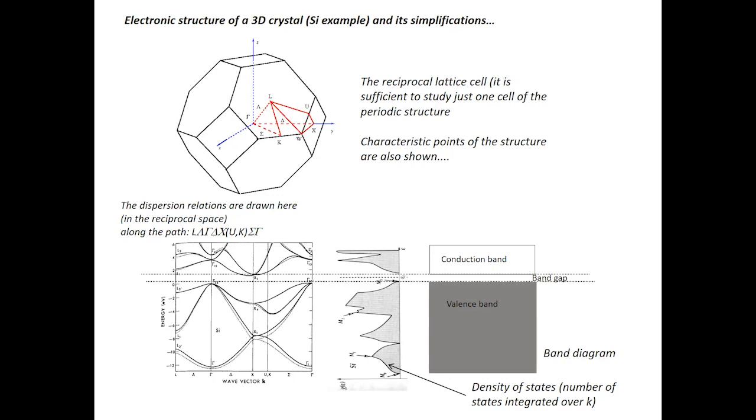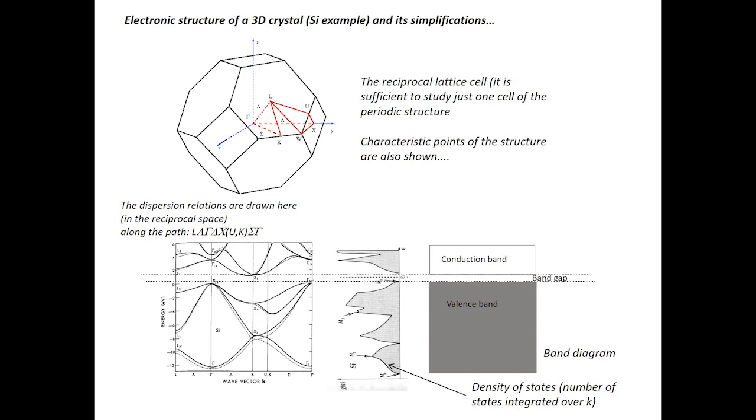So then you have a reciprocal lattice cell, and it is sufficient to study just one cell when you are interested in dispersion relations. It's sufficient to study just one cell because it's a periodic structure, so you have identical structures replicated.